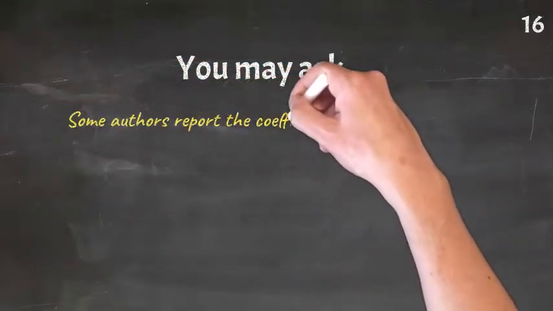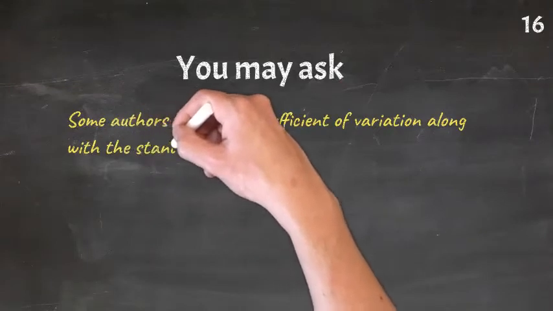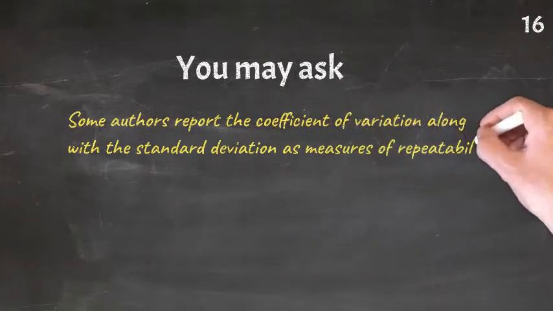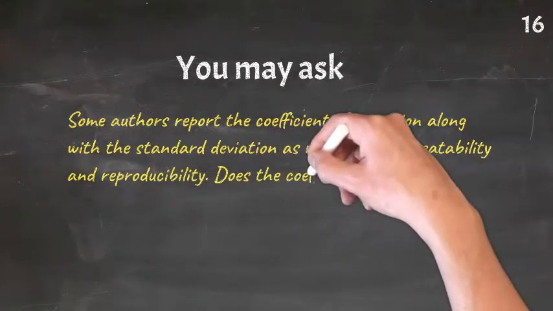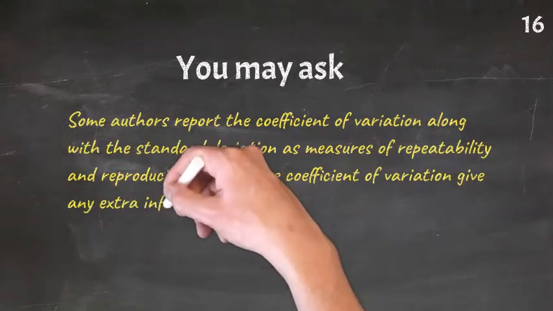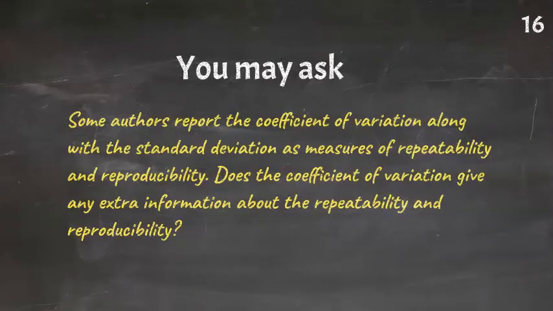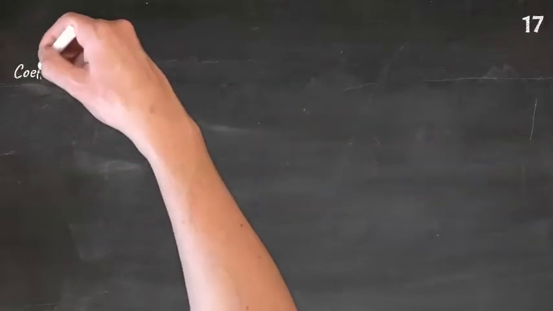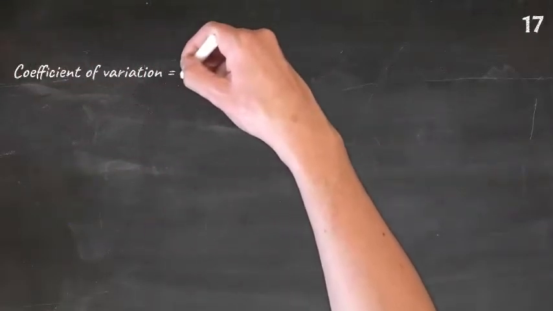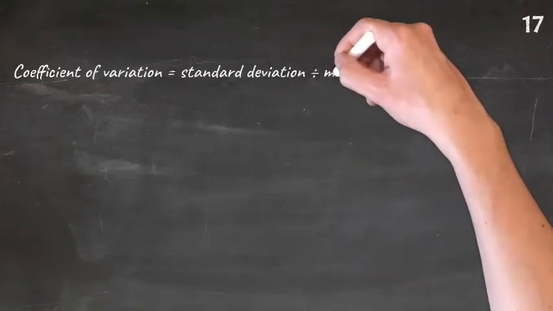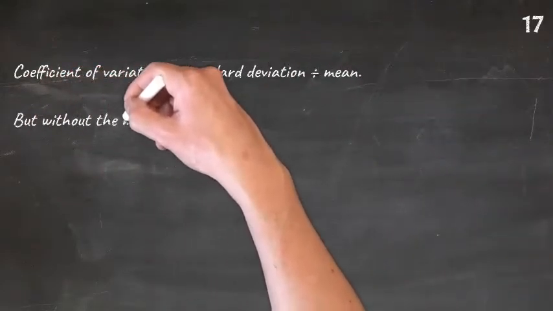Some authors report the coefficient of variation along with the standard deviation as measures of repeatability and reproducibility. Does the coefficient of variation give any extra information about the repeatability and reproducibility? Coefficient of variation equals standard deviation divided by mean.